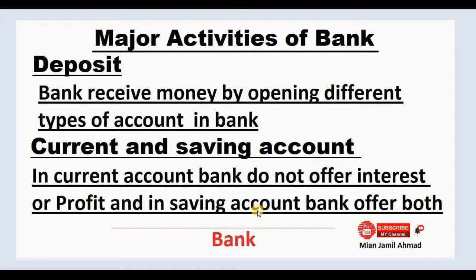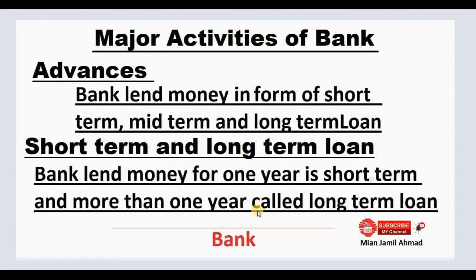In a current account, the bank does not offer an interest rate or profit, though you enjoy certain benefits. But in a saving account, if you deposit or invest a certain amount of money, the bank gives you some profit or interest.